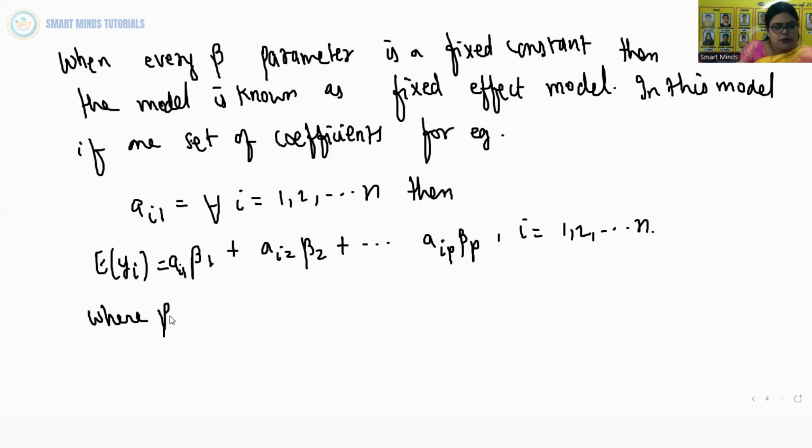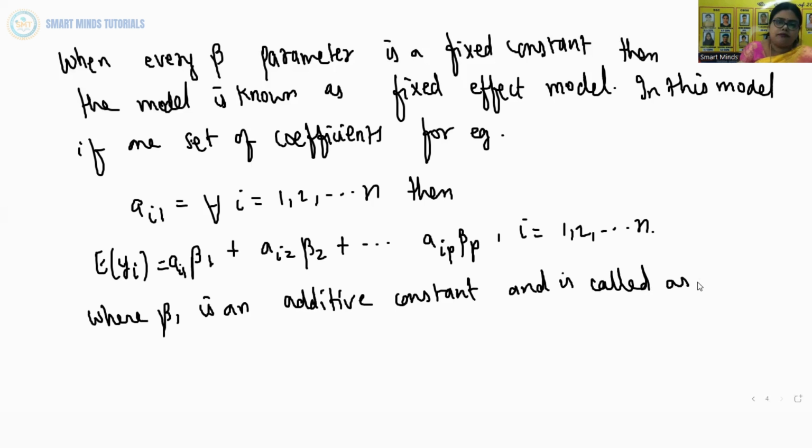Now here, what is beta 1? Beta 1 is an additive constant, and it is called the general effect.